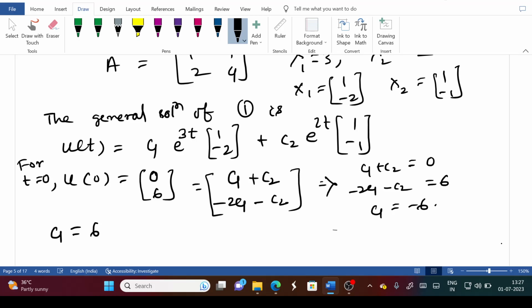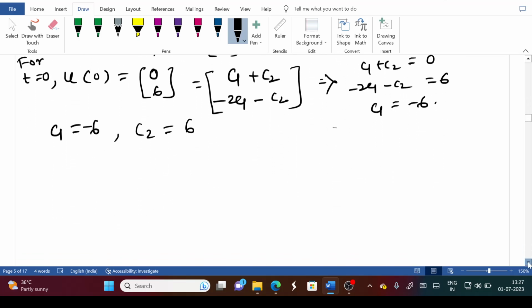Okay, so here we got C1 = -6, so that implies C2 = 6. This is C1 = -6 and C2 = 6.